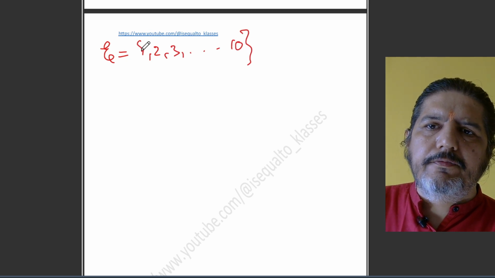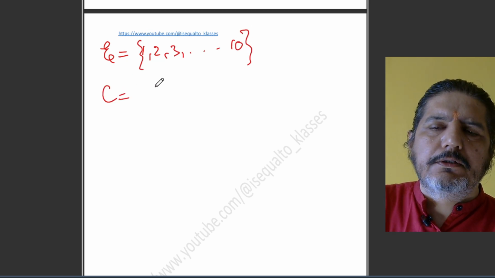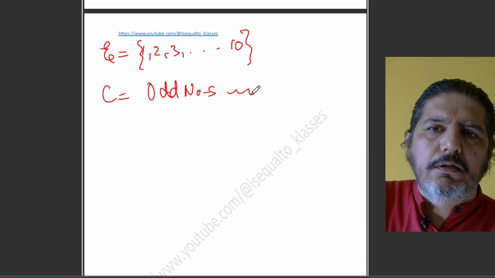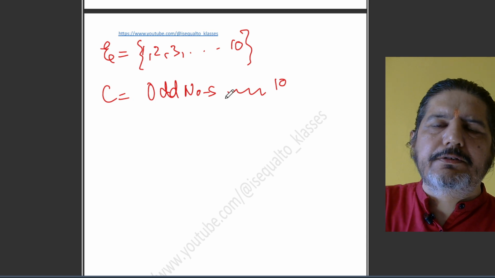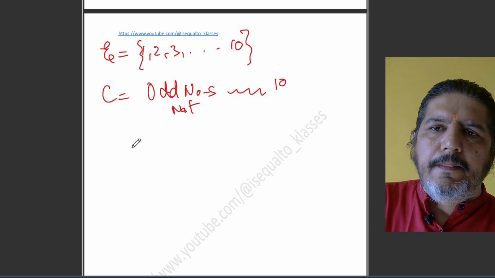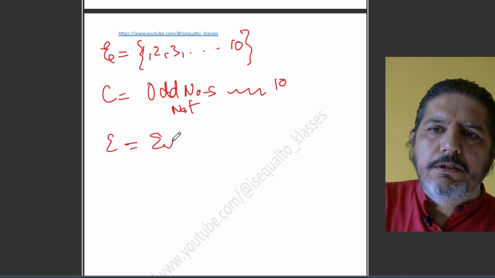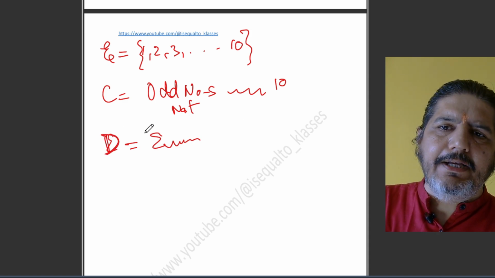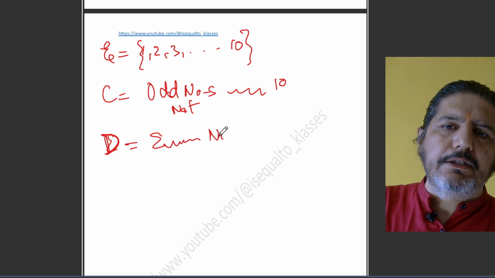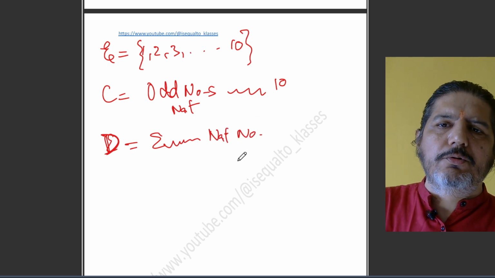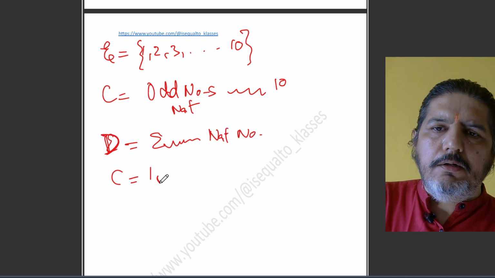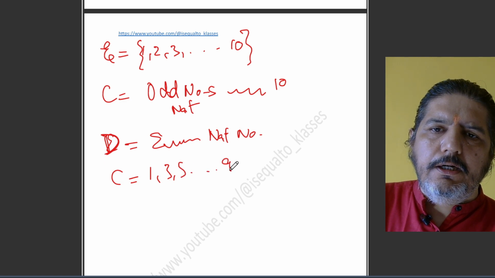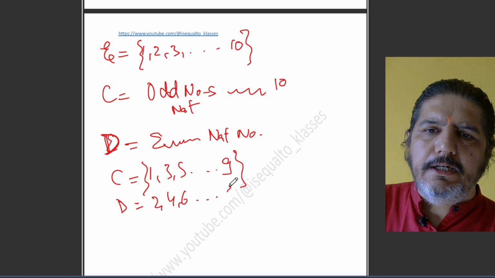Here, if I define my set C as odd natural numbers less than 10, and set D as even natural numbers less than or equal to 10, then C would be 1, 3, 5 till 9, and D would be 2, 4, 6 till 8.